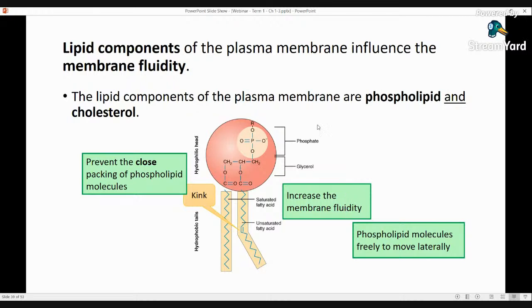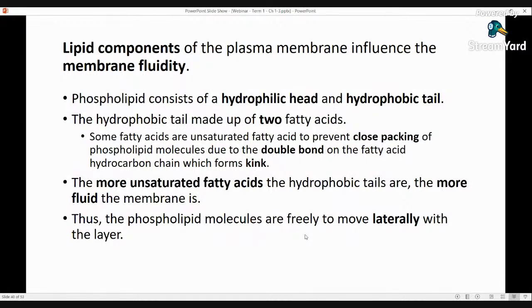You can imagine that if the phospholipid molecules were arranged closely, here they have more space due to the presence of the double bond, so that the phospholipid molecules are free to move laterally. Here is the explanation so that you can understand more.